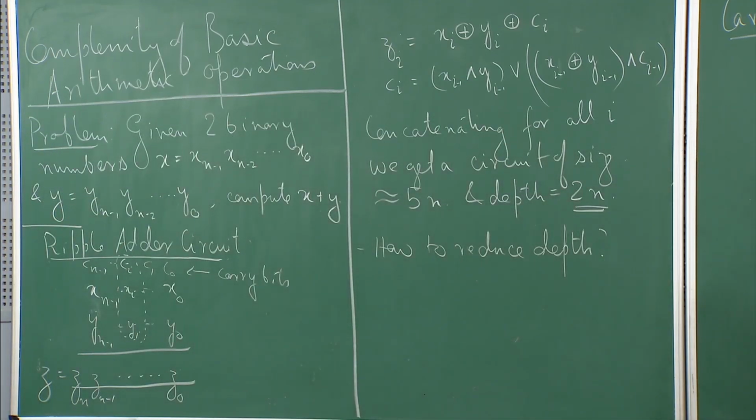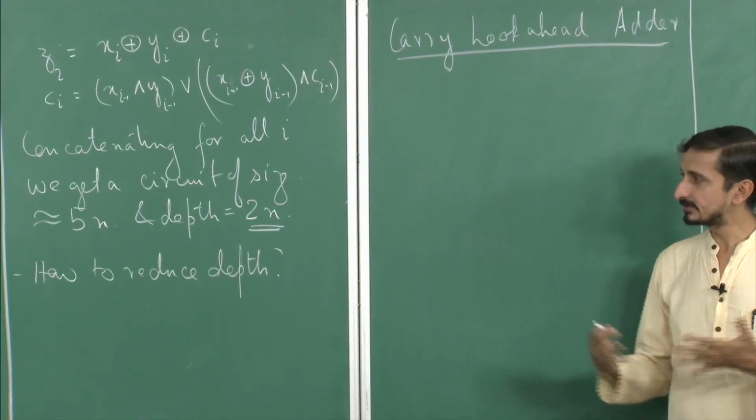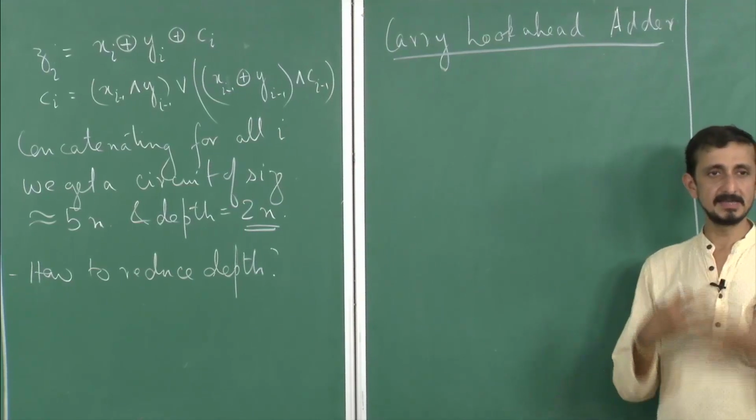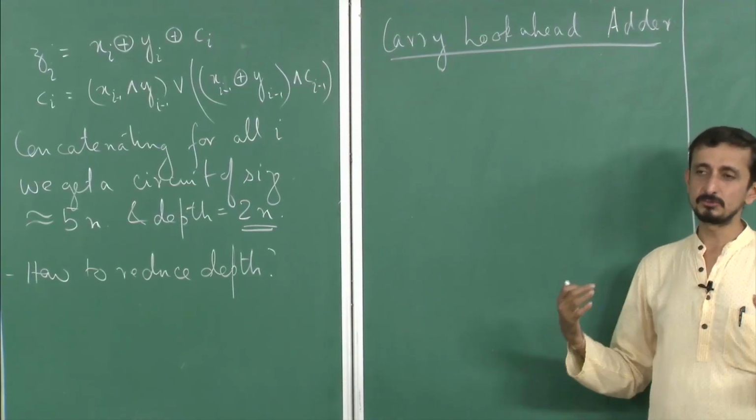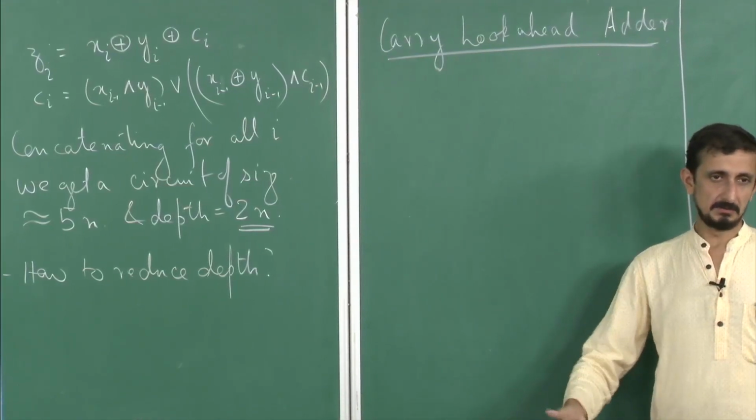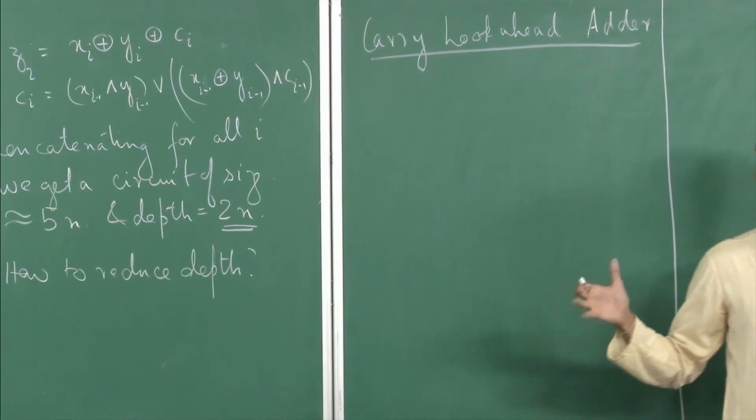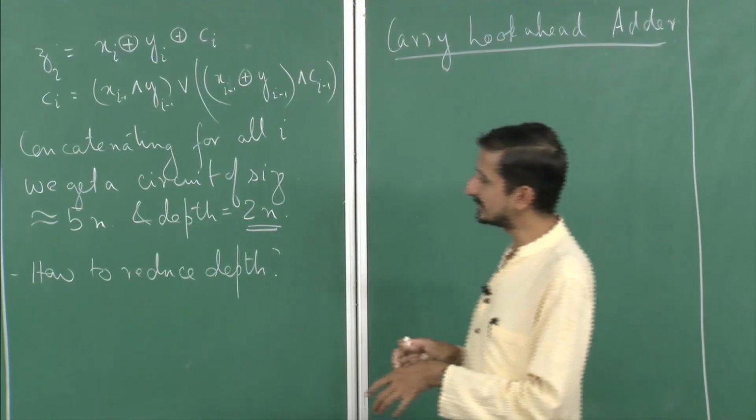So, what does carry Lookahead adder do? It tries to compute, as I said, the Ci's separately. Okay, it tries to compute the Ci's in a parallel fashion. Okay, so what is the idea?